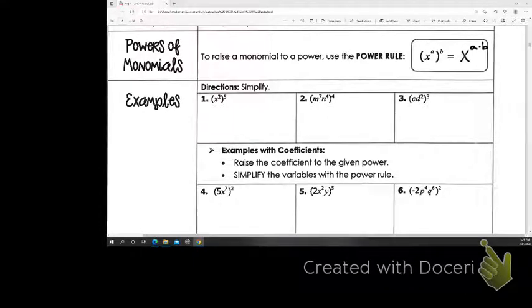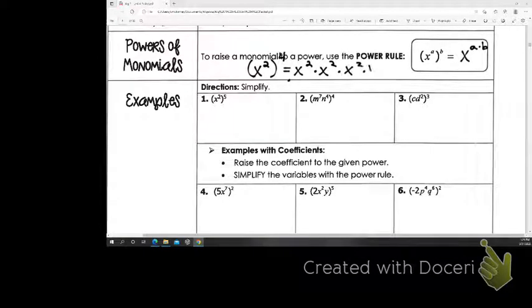So let me show you an example of how that works, not just that that's the rule. Think about if I said x to the second raised to the 4th power. Well, something to the 4th power would mean that we would write what's inside 4 times.